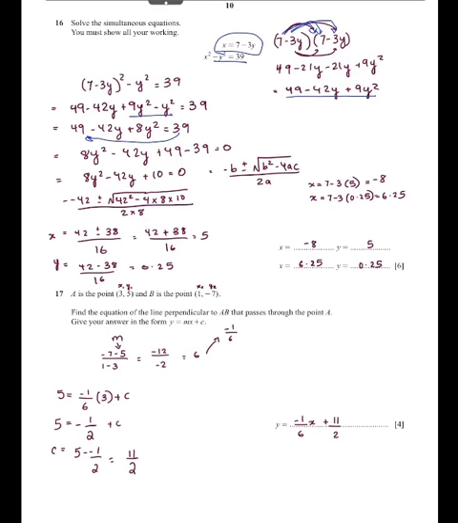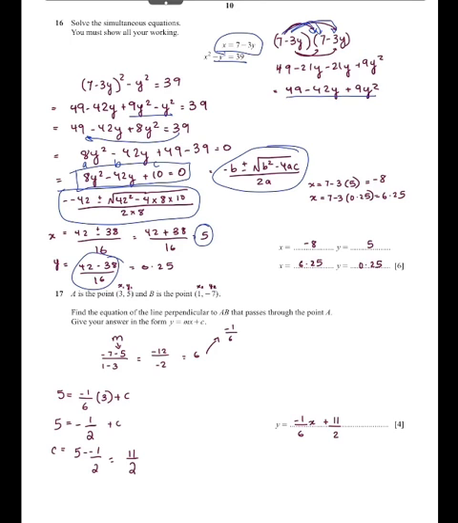Now we use the quadratic formula, which is minus b plus minus root of b squared minus 4ac, and the whole thing divided by 2a. So here you have found the quadratic equation. So your a is this, b is this, and c is this. So you just substitute it over here, and then you will get 42 plus 38 divided by 16, which is 5. And 42 minus 38 divided by 16 is equal to 0.25.